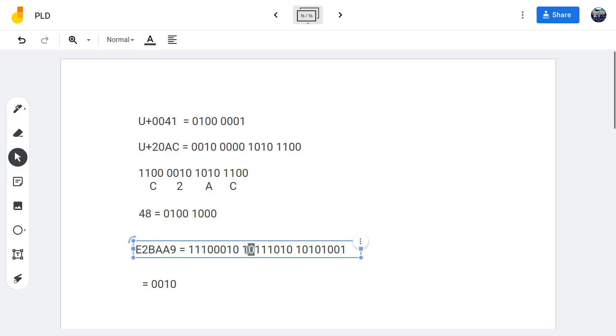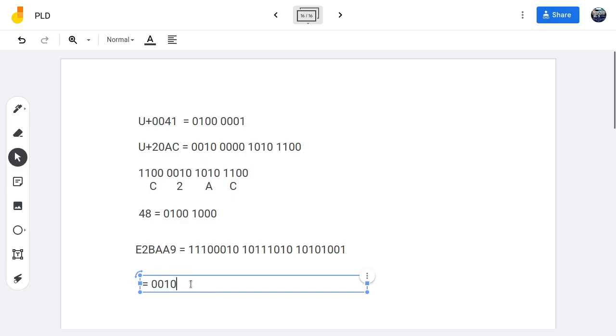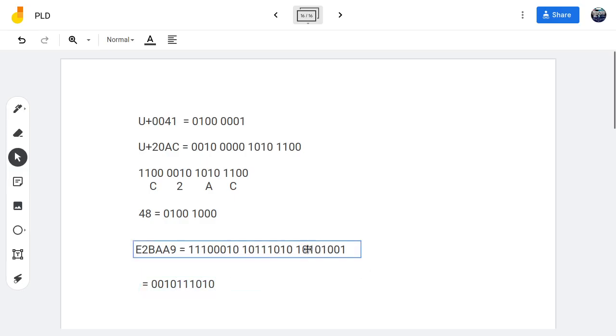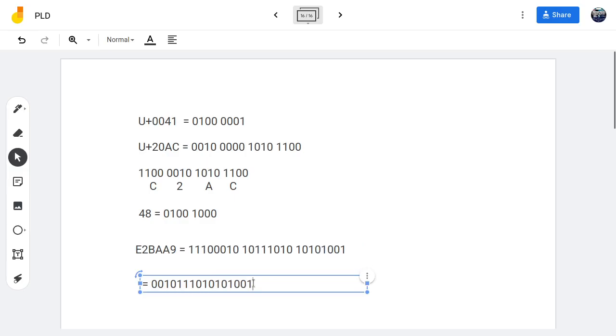This guy was added to make it valid UTF-8, so I'll take this as well and put it here. I'll put them together first and break them later. The same thing happened here, so I'm taking the last 6 bits and adding them here. Then I'll start breaking them into nibbles to find out what it really is.